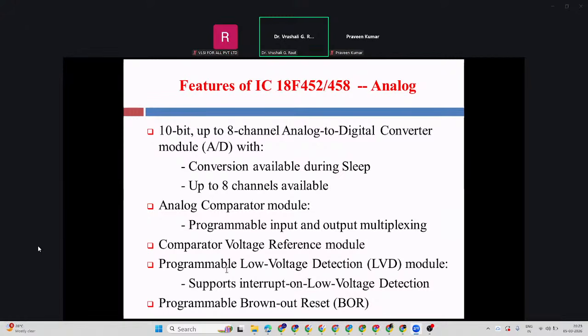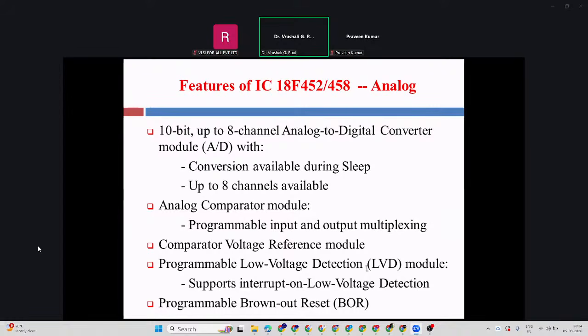Look here, let's just take this programmable low voltage detection module. What is this module doing? It will generate an interrupt if voltage goes below a particular value. If low voltage is detected on some pin that we are watching, then an interrupt is generated. That is called programmable low voltage detection.